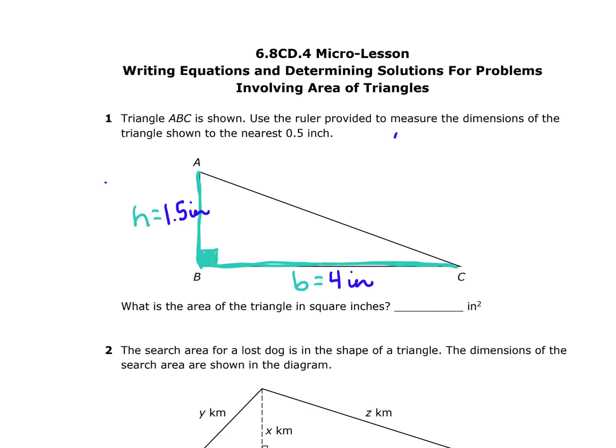So the area formula is area is equal to 1/2 times your base times your height. Okay, you can put it in parentheses. You don't have to put it in parentheses. 1/2 base times height is the same thing. Or remember, I said that when you multiply by 1/2, it's the same thing as dividing by 2.